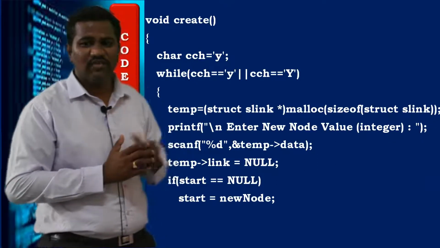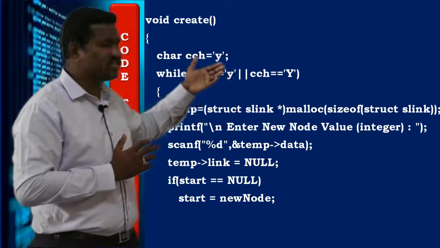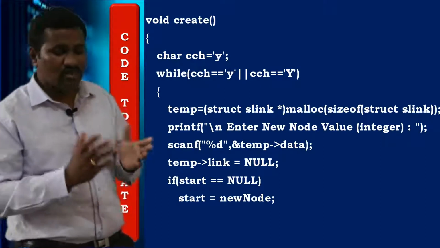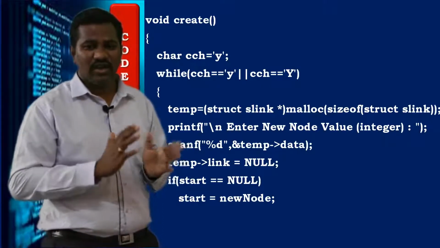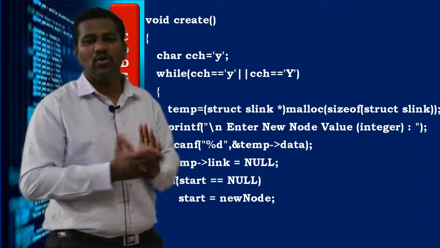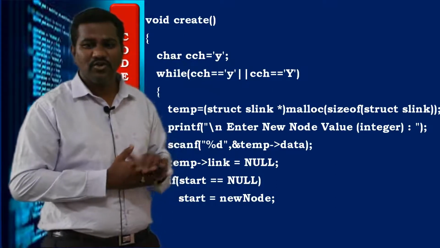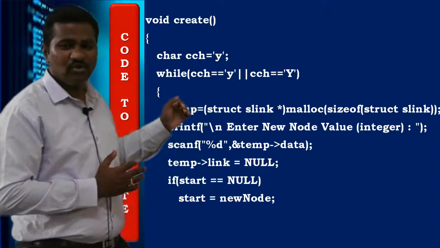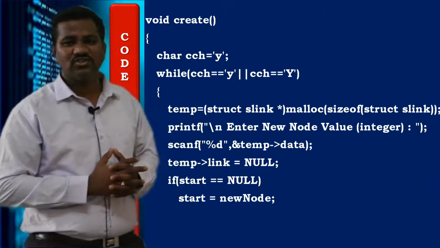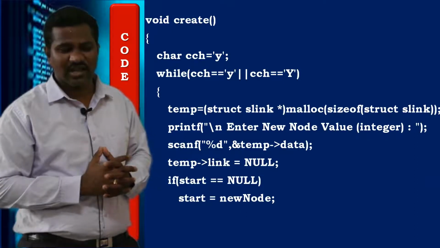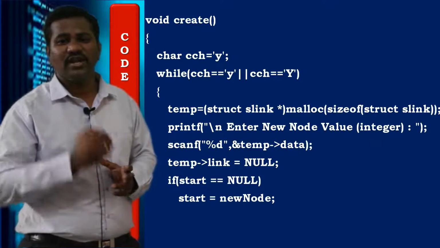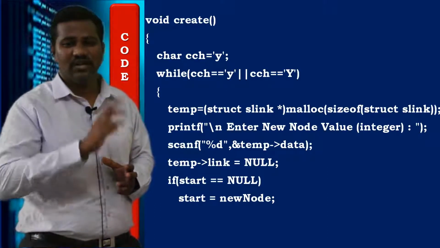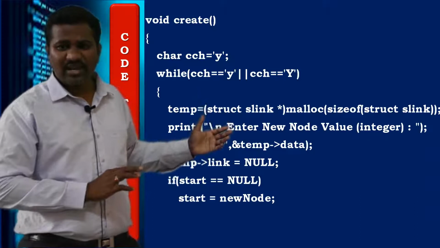You can see here char cch is assigned with y, and inside this I'm taking one while loop, while cch is equal to either small y or capital Y. If the value is either an uppercase or a lowercase letter, then the condition is going to be true, and it enters the while loop. In the while loop, we have one instruction: temp is assigned with struct slink star malloc sizeof struct slink, which allocates the block of memory and divides it into data part and link part, storing the address in temp. After that, we accept the data part.